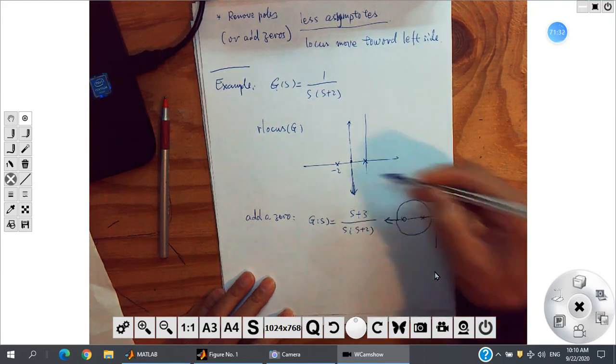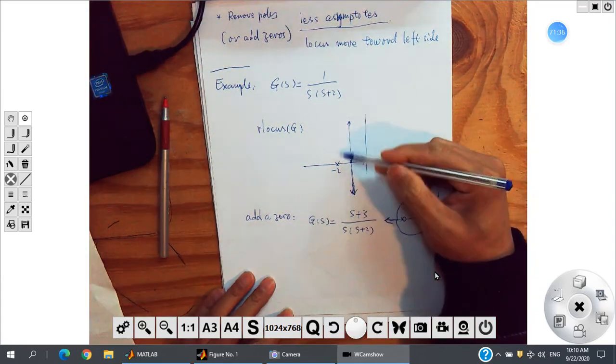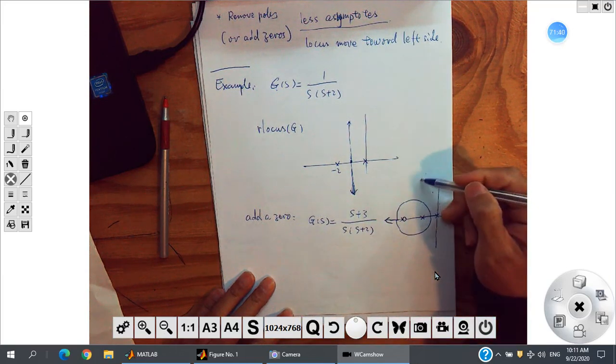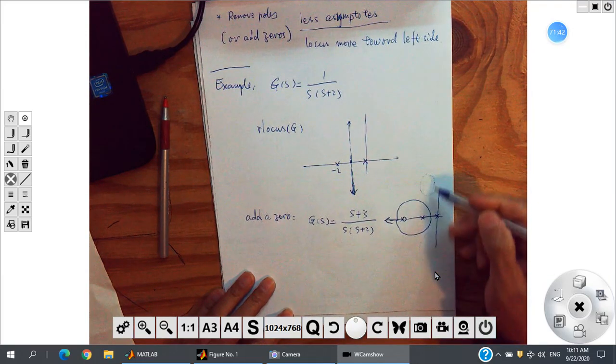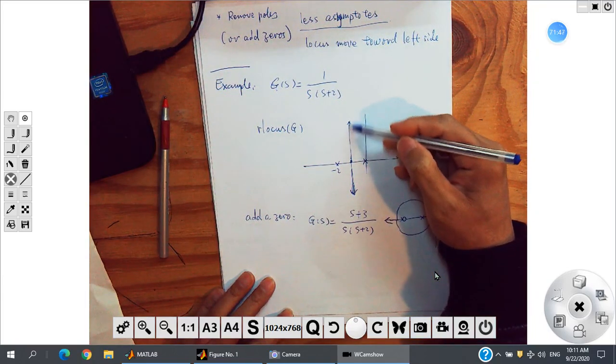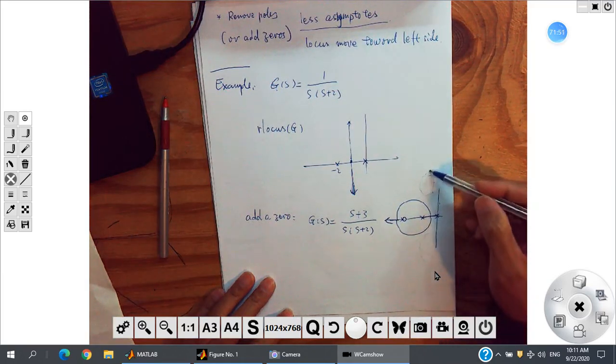So you see here the curve occupied this area, right? Now the curve has totally moved to the left side. Here it's empty, no more here. The original one is like this. Now we do not have this part.